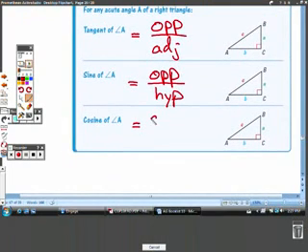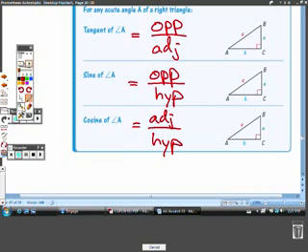Cosine equals adjacent over hypotenuse. Which one of these seem like the other? Tangent and sine are similar because they both have opposite. But sine and cosine are similar because they both have hypotenuse.